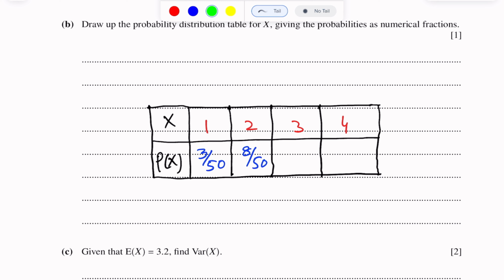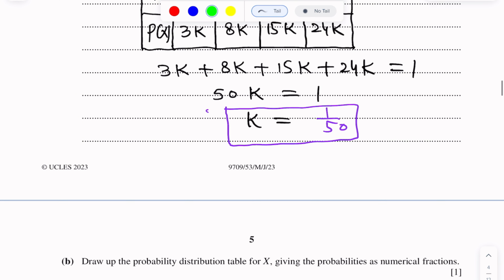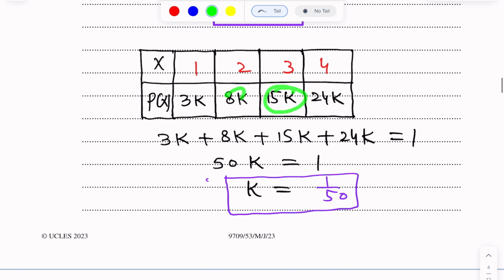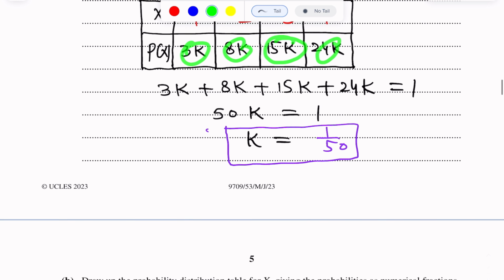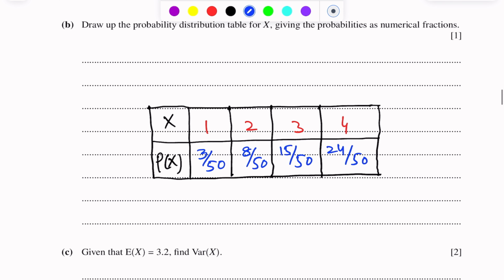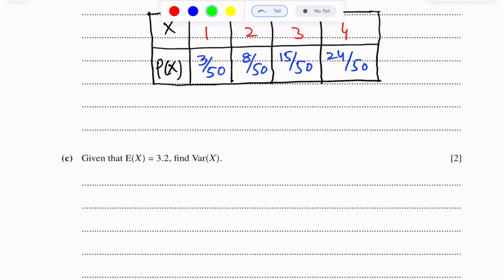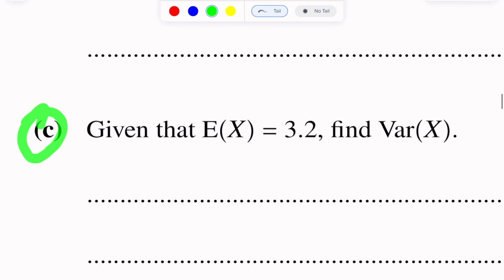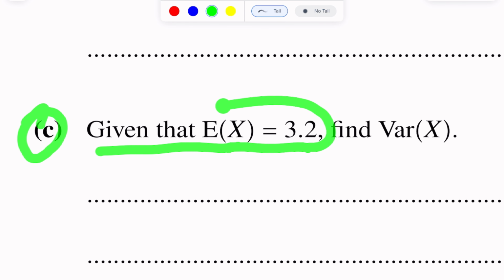Probability of x is equal to 3 will be 15 over 50. Now probability of x is equal to 4 will be 24 over 50.